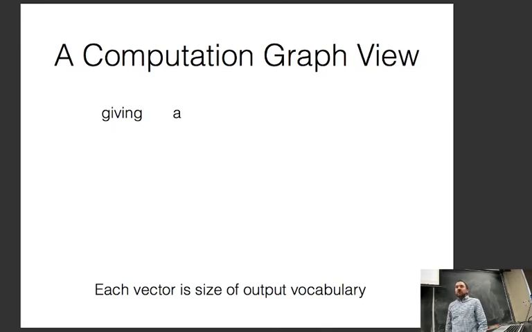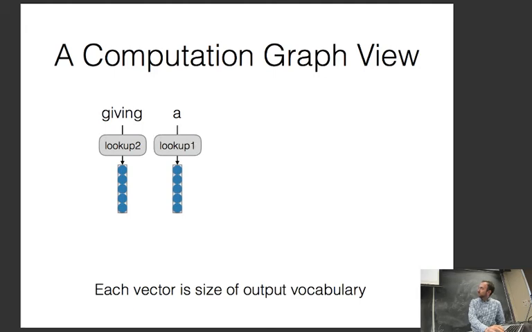So as I talked about before, everything in neural network land is a computation graph. So we can also express this log linear model as a computation graph. And it's very similar to the one that I talked about last time with the bag of words model. What we do is we look up A, and this gives us vectors over the vocabulary.